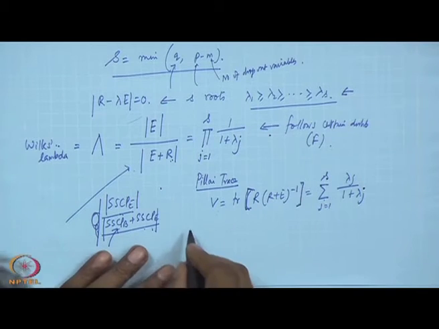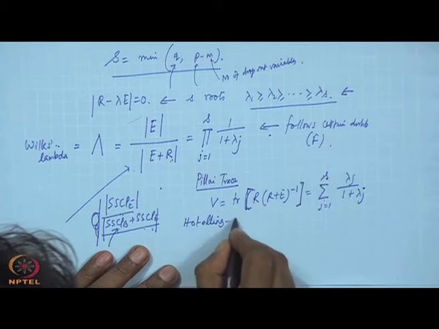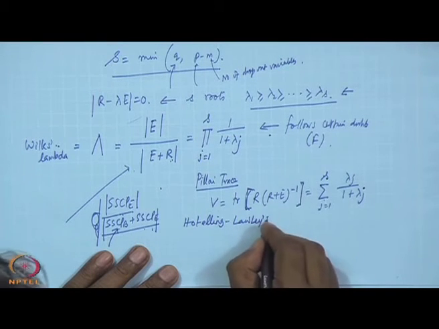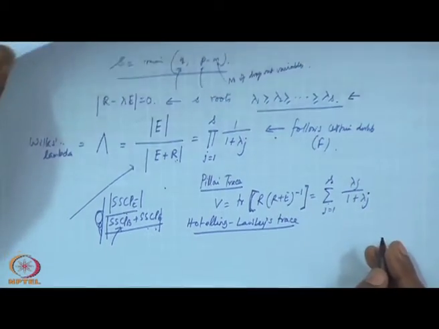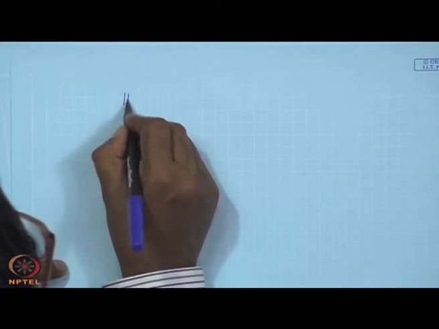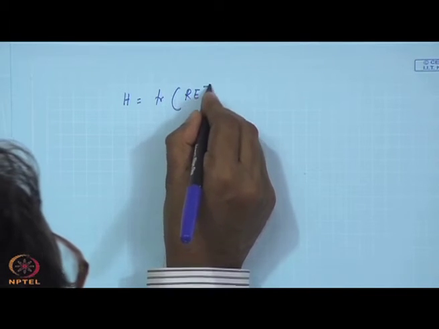You will also get another statistic here, which is Hotelling-Lawley trace. What is the Hotelling-Lawley trace? It is H, which is the trace of R E inverse.